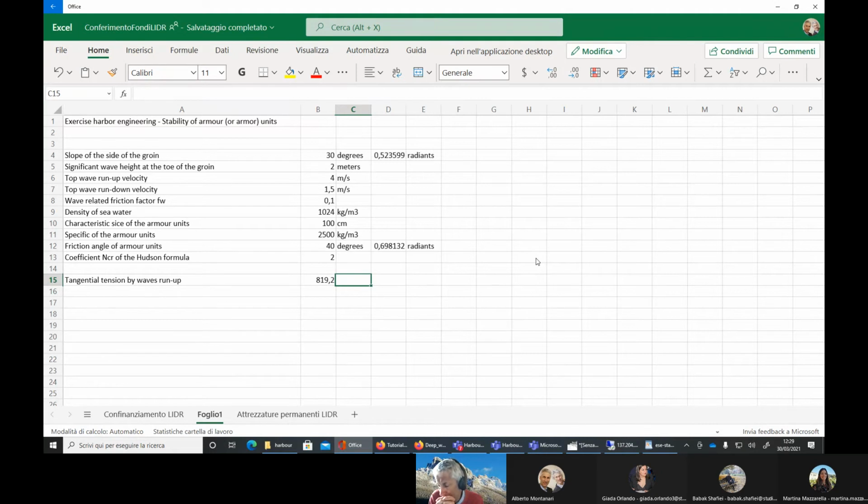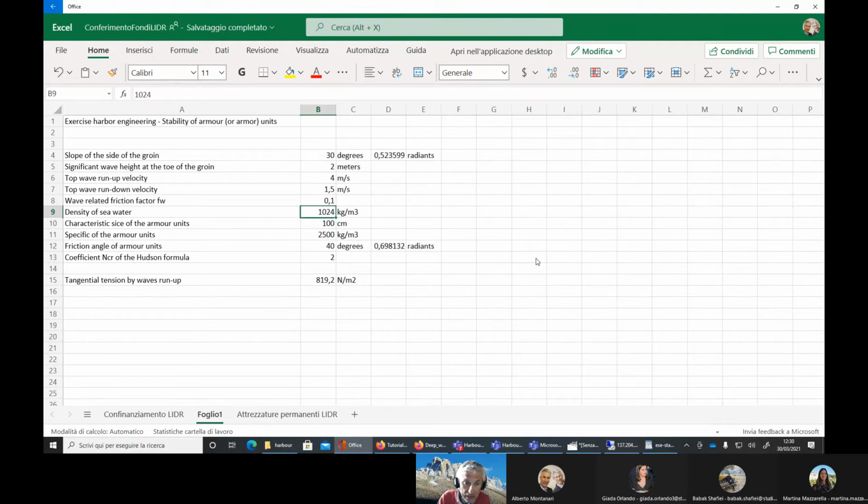No, this is density, so it's kilogram per cubic meters. And then it is multiplied by the wave-related friction factor, which is dimensionless, and the waves run-up velocity squared. I think this is given then in Newton divided by square meters. So it is expressed in Newton, and not in kilogram forces, just to make it clear.